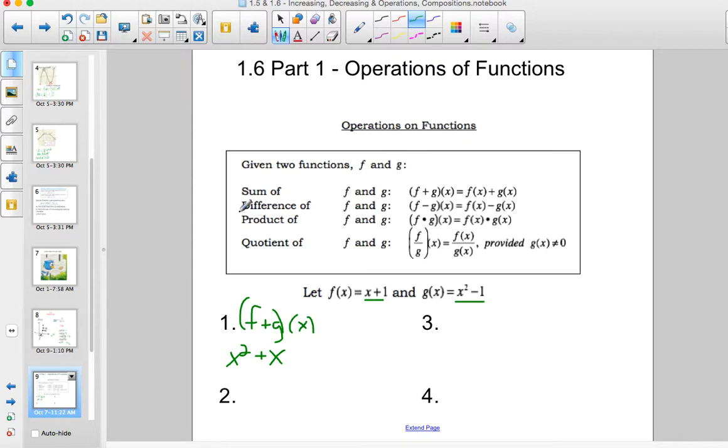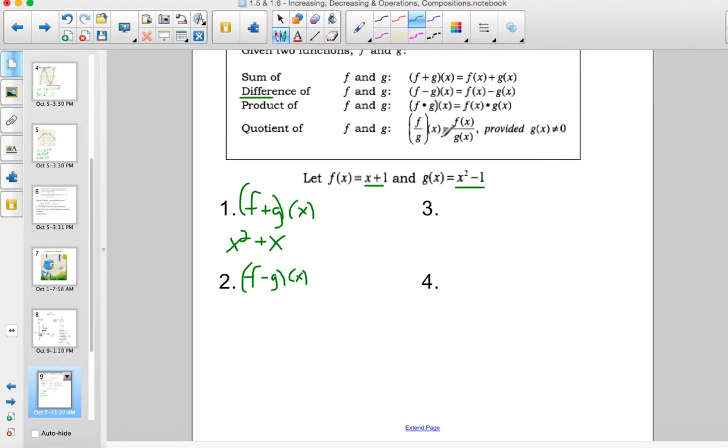Number 2 is the difference. So if it's saying the difference of f and g, take f of x and subtract g of x. So it's f minus g of x. And this one's a little bit different. Well, pretty straightforward though. You're going to take x minus 1, since that's f of x, and you're just going to subtract x squared minus 1.